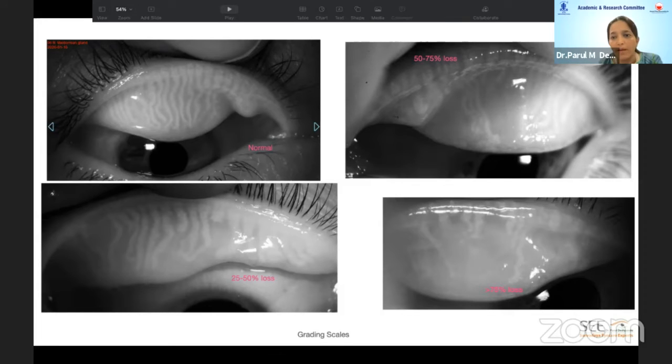And the top right shows about 50 to 75% loss, where you can see significant meibomian gland dropouts. The image on the right hand bottom shows almost near total meibomian gland loss, indicating a severe degree of meibomian gland disease in this patient.